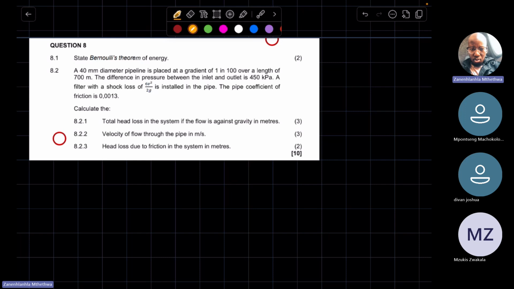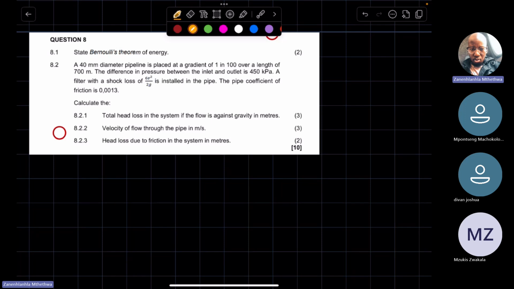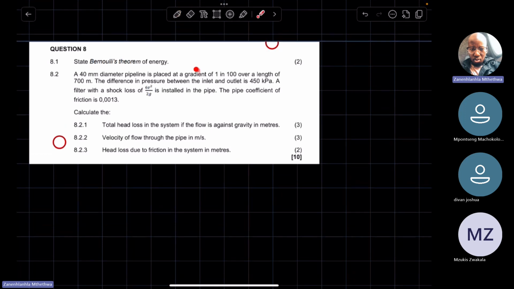In fact, it's probably best that we show a schematic illustration of the problem statement, given that the pipe is laid at a gradient.